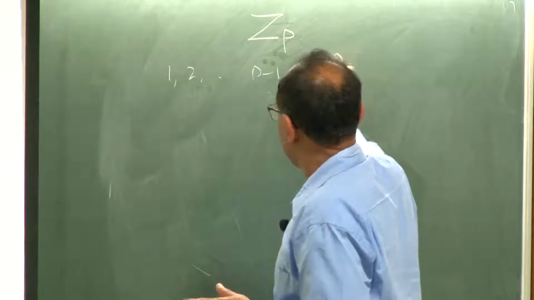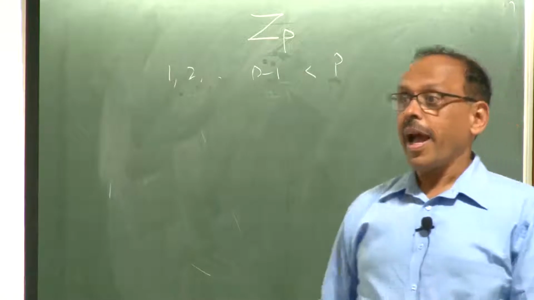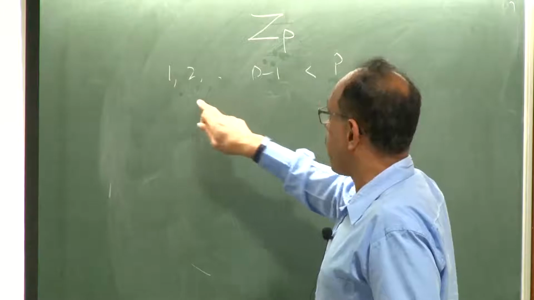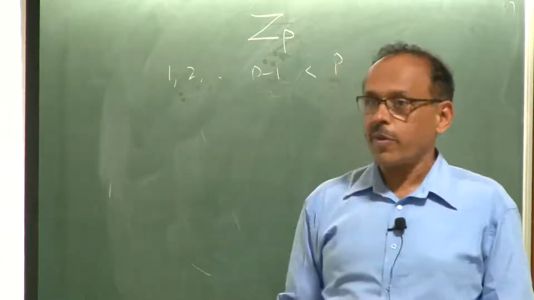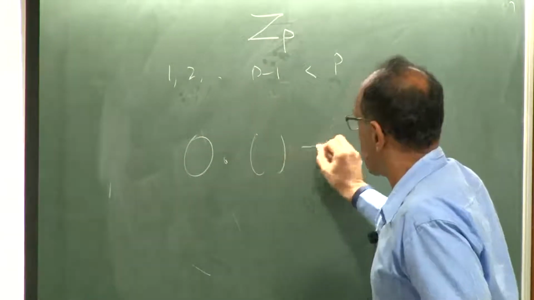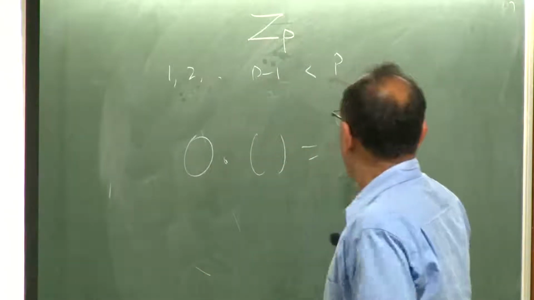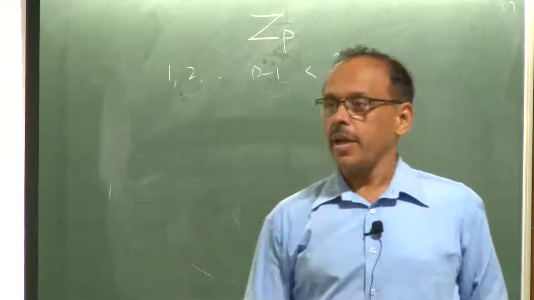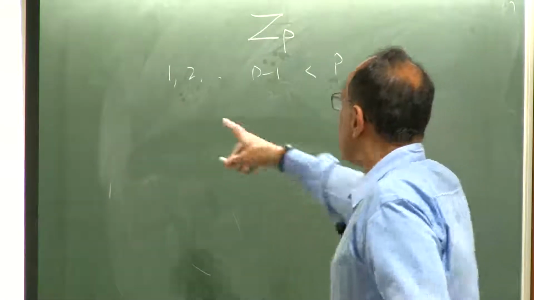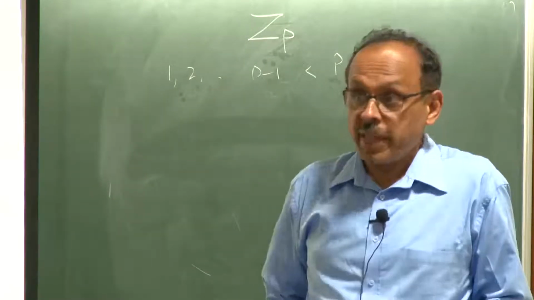They are less than p, they never divide p, so they are all relatively prime to p. 0 is excluded, since 0 multiplied by something can never give 1. Other than 0, what I showed you, using the extended GCD algorithm, is that you can always find an inverse of an element. So all elements other than 0 can be inverted.